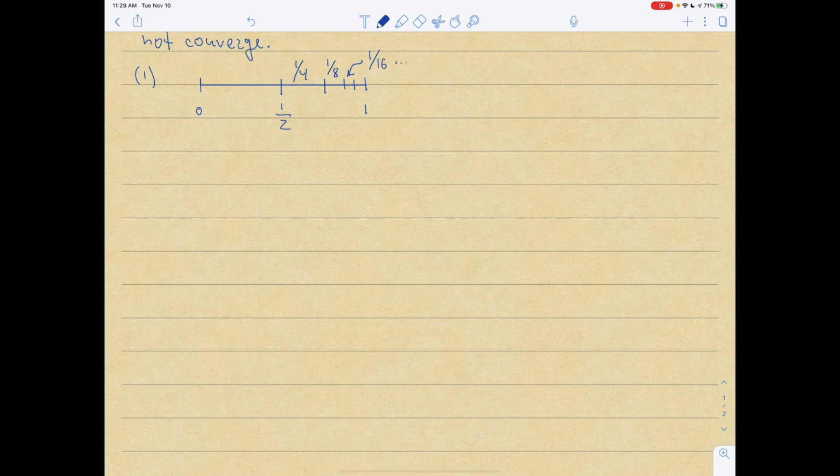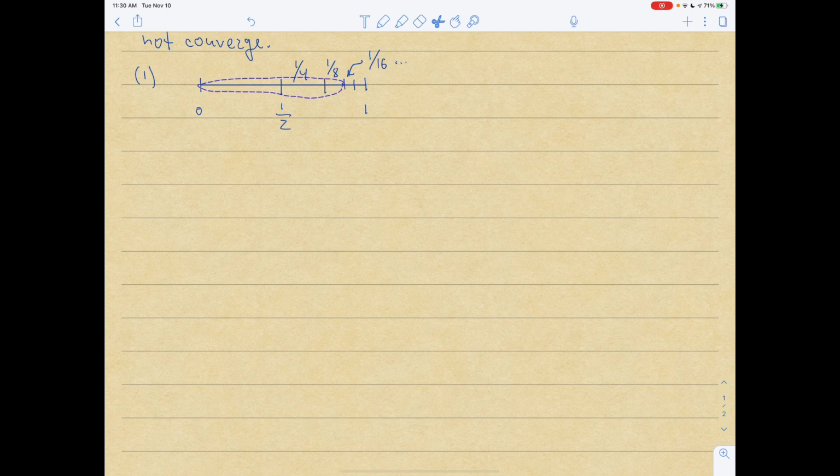And then if I continue doing this, the division point is going to get closer and closer to 1, right? And the distance from 0 to the division point is going to be the sum of lengths of previous intervals. So, for instance, the first interval is 1/2. The first and the second interval together will give me 1/2 plus 1/4, that is 3/4.